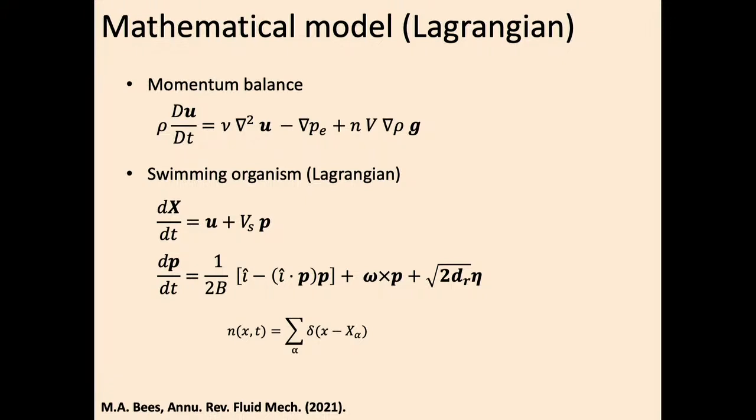And of course, there is slight rotational diffusivity, but that's all right. Another thing you should keep in mind is that we are working in the dilute regime. How dilute? That the organism-organism interaction is irrelevant, and the active stresses are irrelevant. Therefore, you don't see any contribution here coming from active stresses or organism-organism interaction.